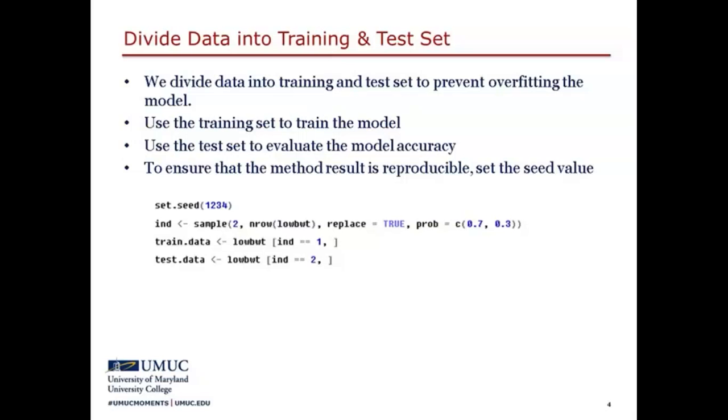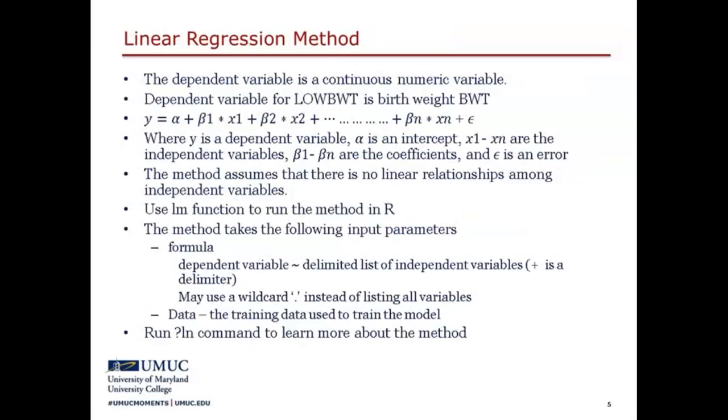Now let's continue. Here is a brief overview of the linear regression method. The method works well when your dependent variable is continuous, and when you have a linear relationship between the dependent variable and the independent variables. So here is basically the formula.